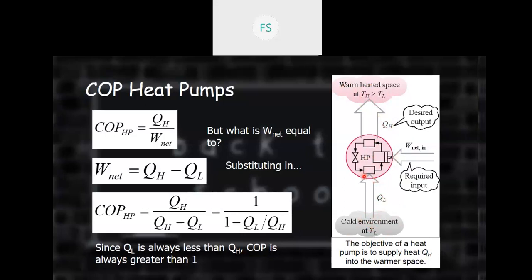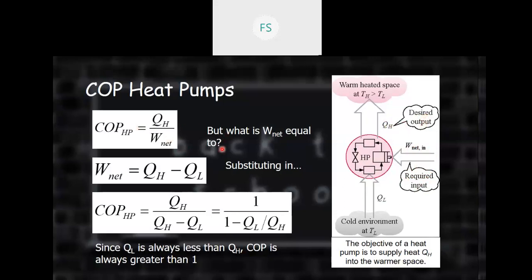In order to supply this QH to the warm space, the compressor needs W net in. So this W net in is the required input, while QH is the desired output.